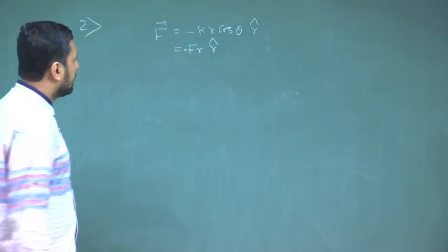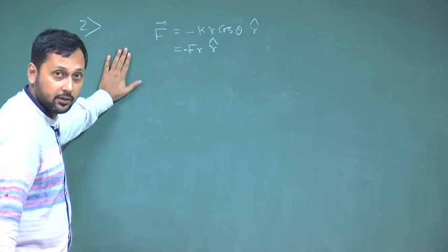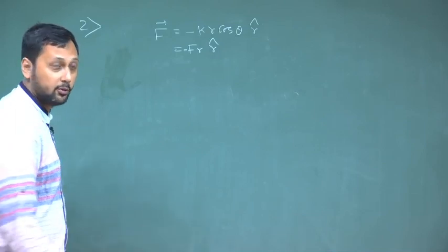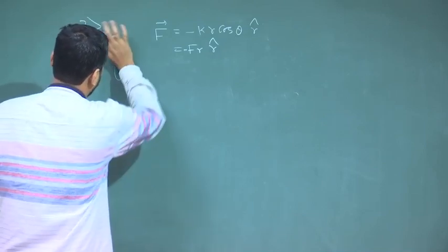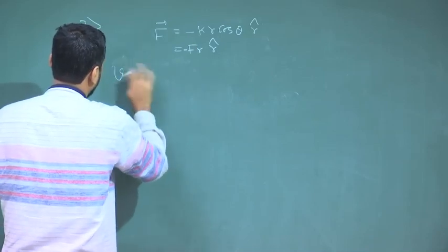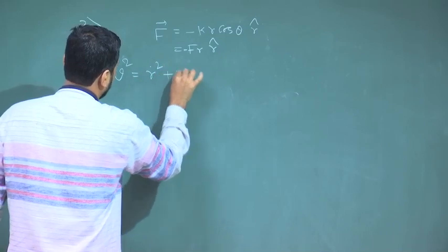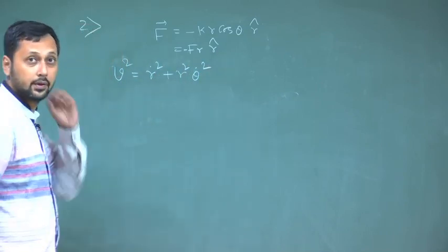Now, we have to construct the Lagrangian, and it is a 2D motion, a motion in a plane, which is already specified in the problem. So, we can write the magnitude of velocity, v square, to be equal to r dot square plus r square theta dot square.